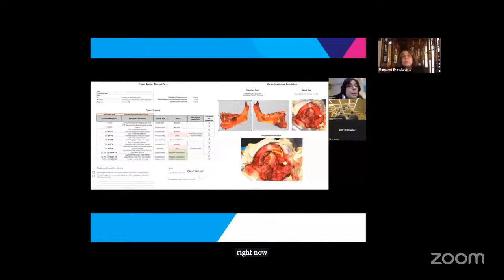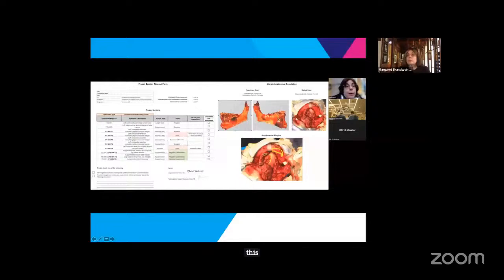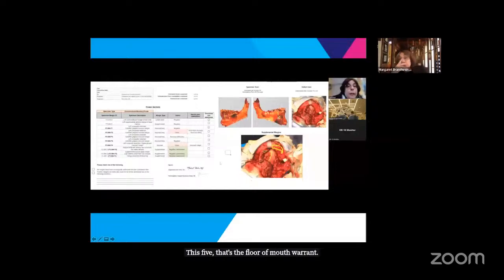Now this part D, you sent separately from the specimen, so that addresses this 5, that's the floor of mouth margin. The supplemental buccal labial, which was sent separately, that was negative. So that addresses this margin.